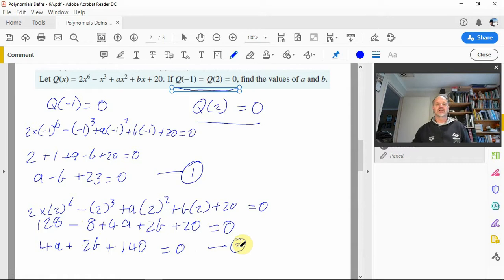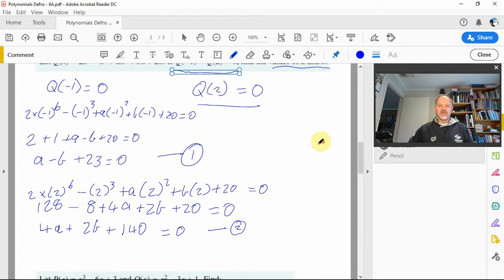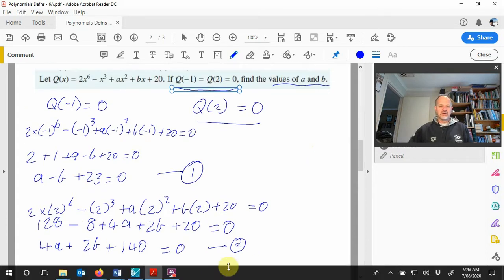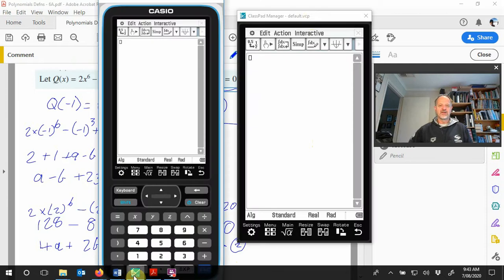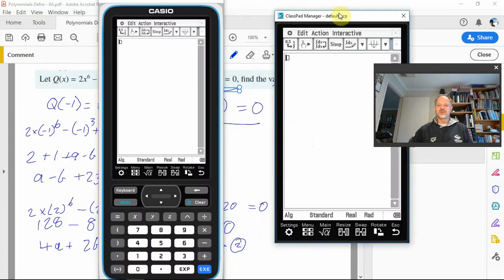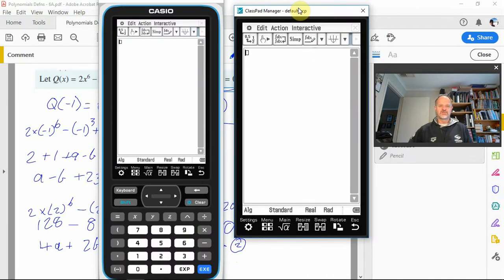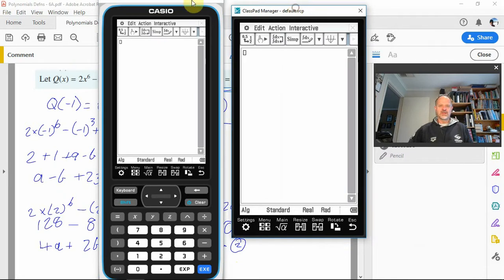The thing in the end said finding values of a and b, so we need to now solve those simultaneously, which you can do by hand or you can do by calculator. I'm going to do the calculator here just to remind you of what it is.